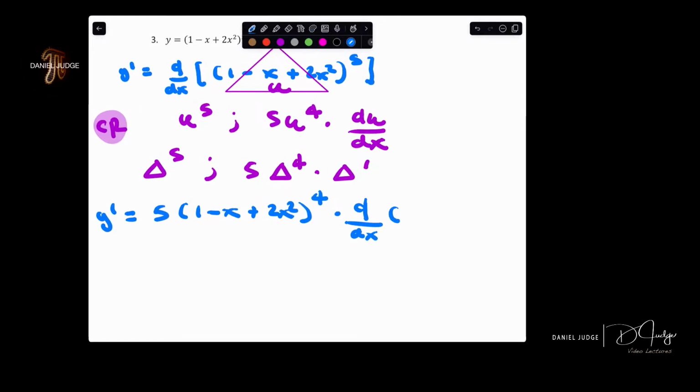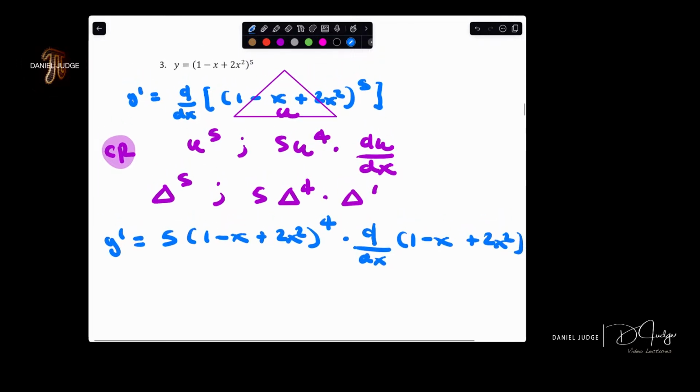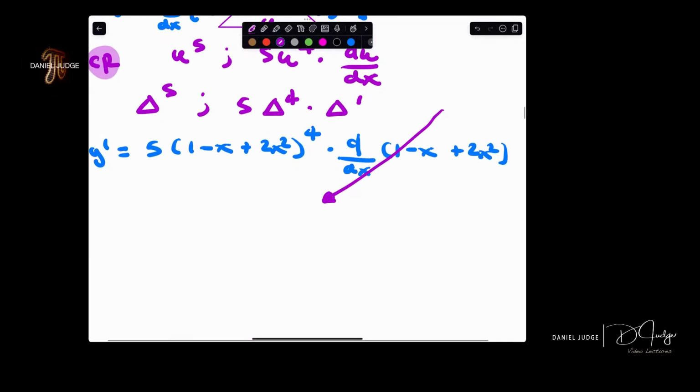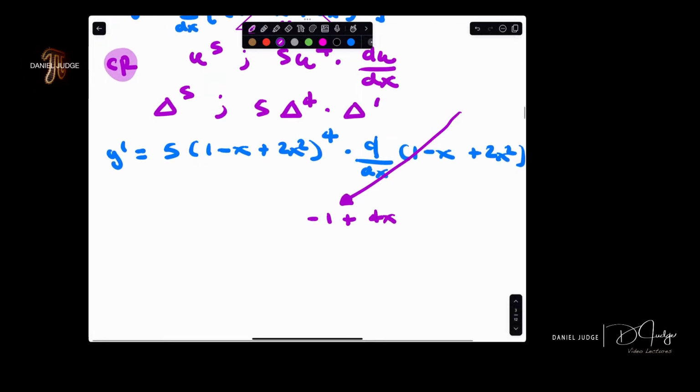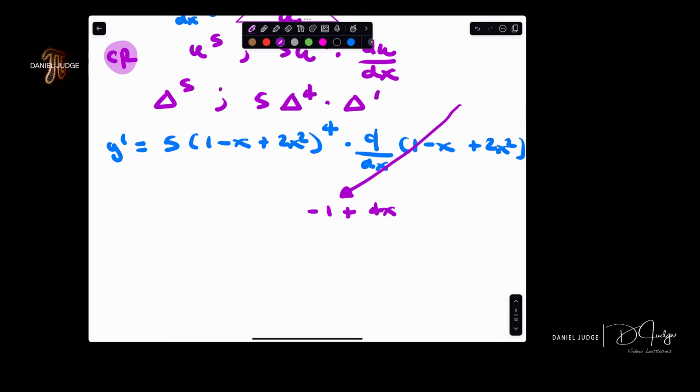And you say, what's the function? 1 minus x plus 2x squared is the function, or your u or your triangle, whatever you want to call it. So at this point here, remember, this is the chain here in chain rule. So when you take the derivative now here, it'll be negative 1 plus 4x. So don't forget the derivative here of that chain.